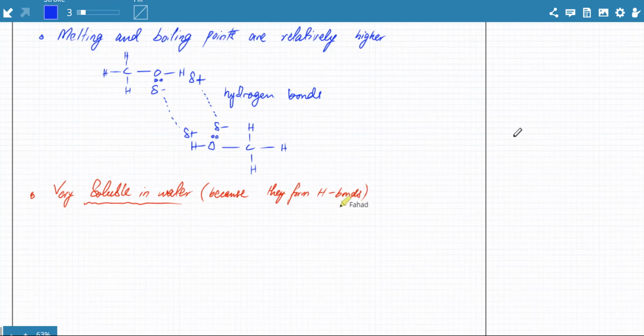For example, if there's a water molecule here, the lone pair would be attracted to the H positive. So it's very soluble in water, and the solubility decreases with size.